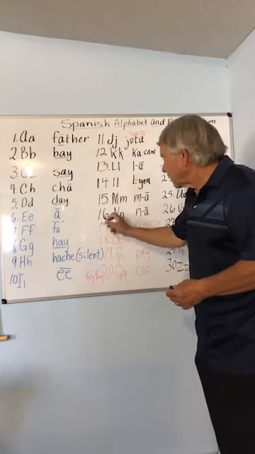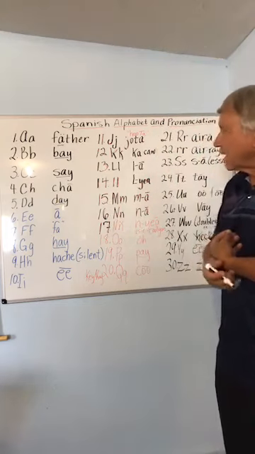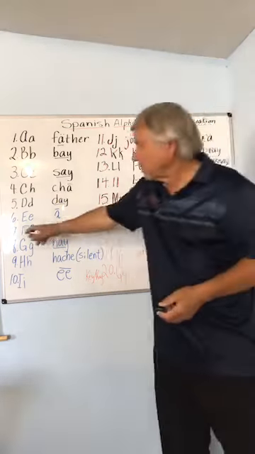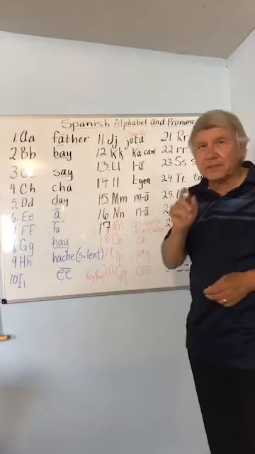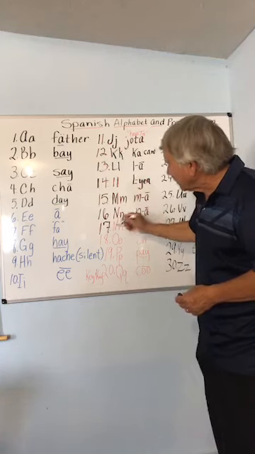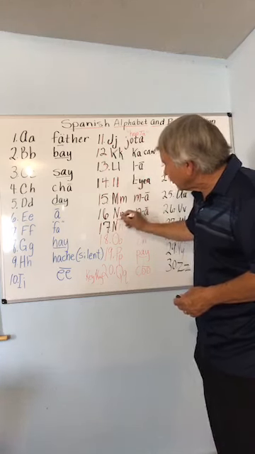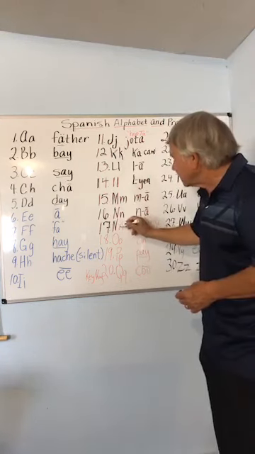Then the 17, and by the way, if you noticed on number 7 over here and number 17, I put a little line across the 7, and that's the European and Mexican way to show you that it's a 7, and you don't get it mixed up with the 1. This is then enye.